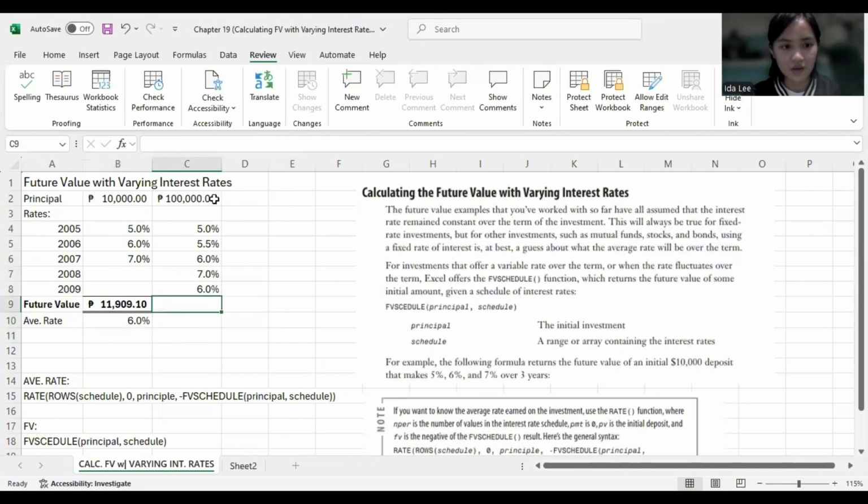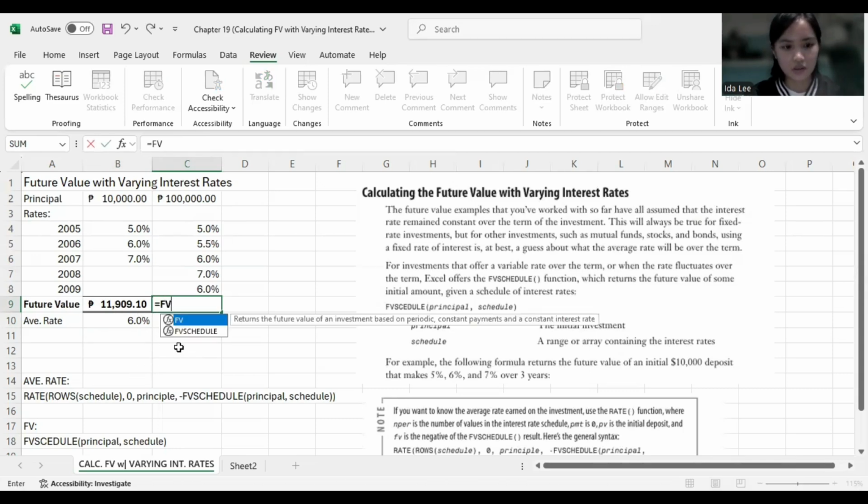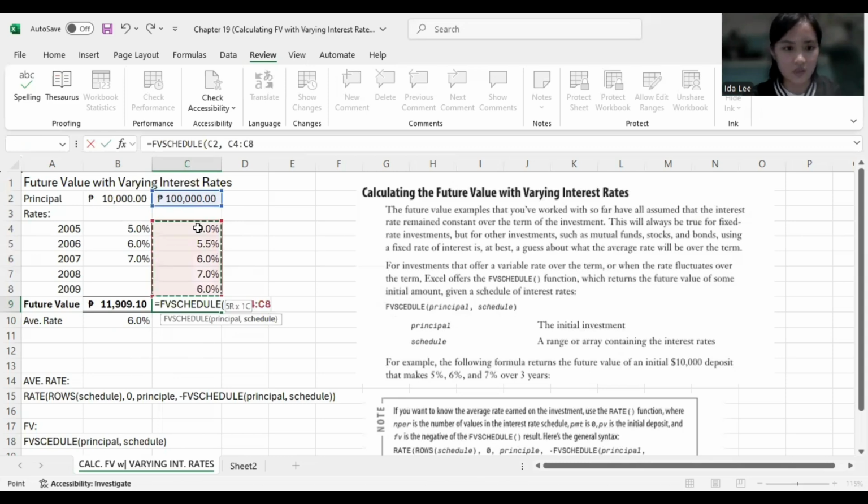Let's do another one with 100,000 pesos. So to get the future value, type in the FV schedule, your principal, comma. This time, there's a rate that's over 5 years.